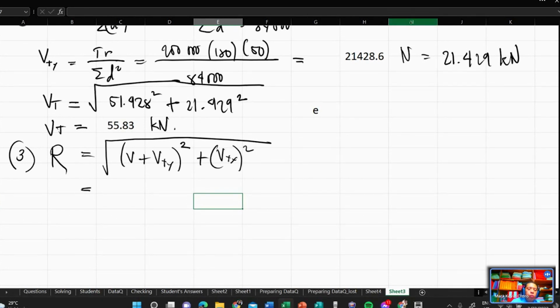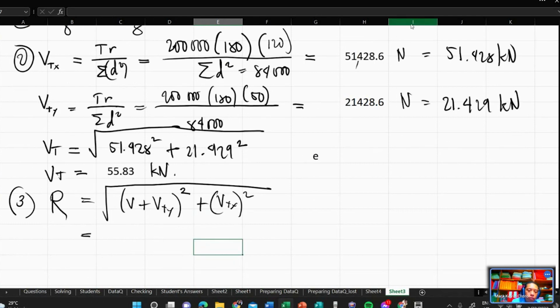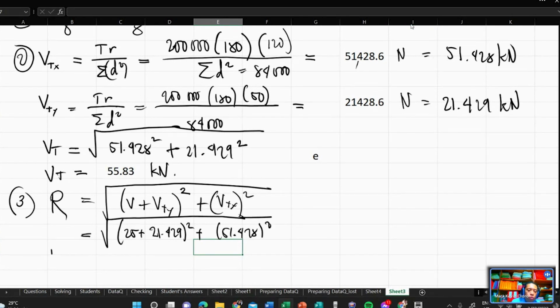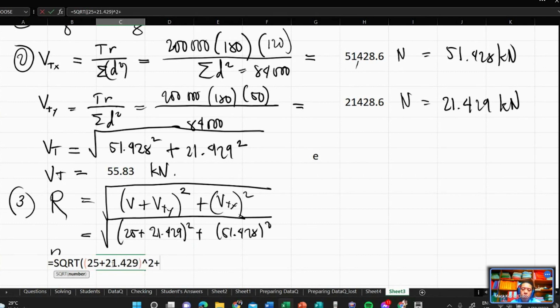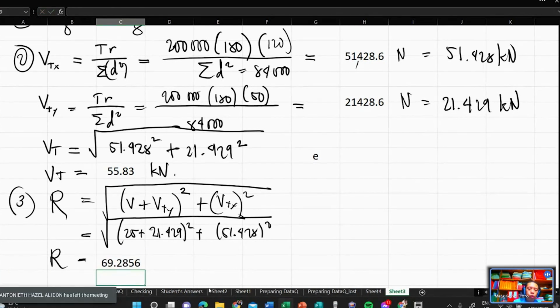So R is equal to the square root of 25 plus 21.429 squared plus 51.428 squared. The result is 69.2856 kilonewton.